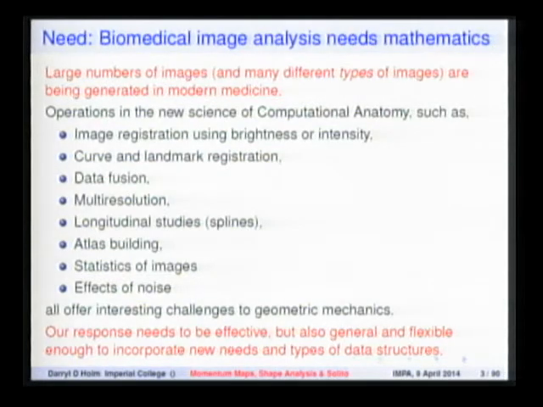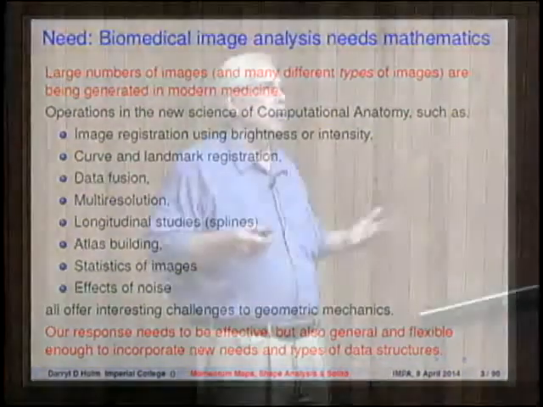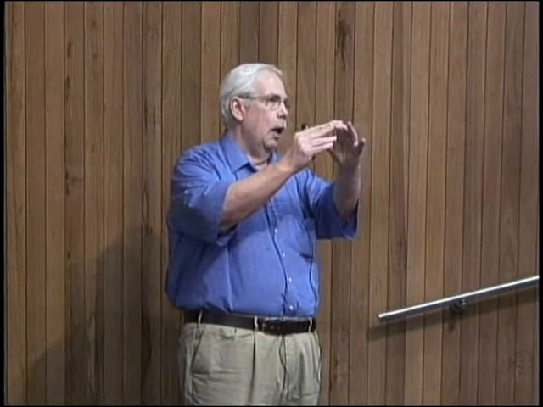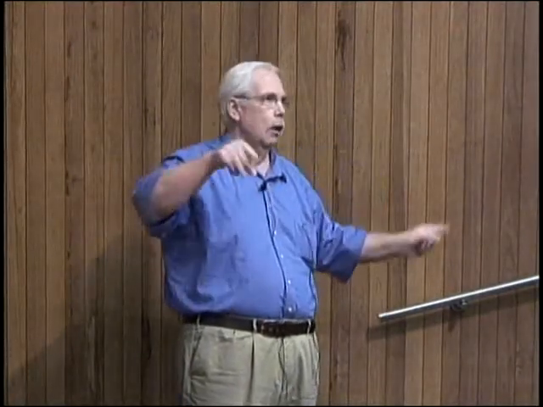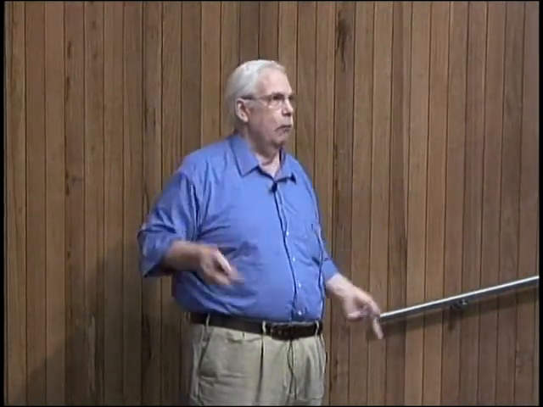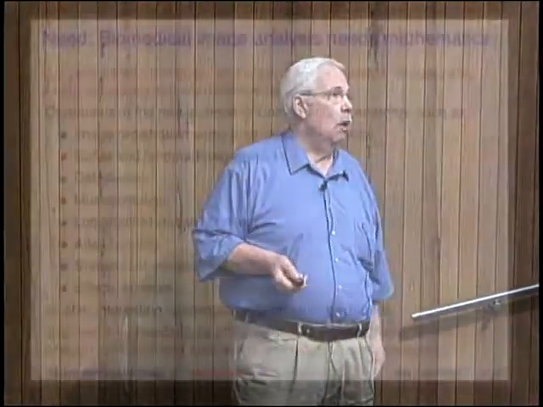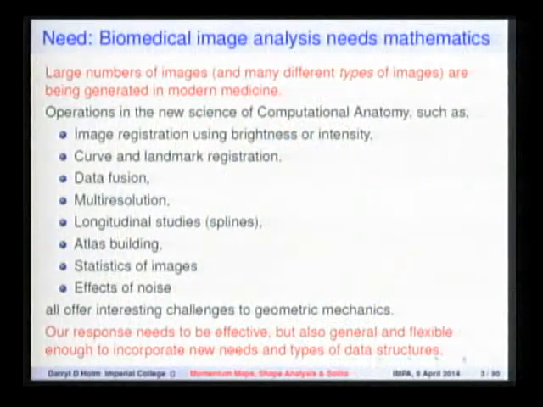And then, of course, there's this issue that's very common in this field of atlas building, where you try to discover from a big data set what a normal heart looks like. And then how far away are the individual patients' hearts from being normal? If the computer can measure that, that's really useful information to pass on. But that introduces the idea of statistics of images, and these images are actually described by maps.